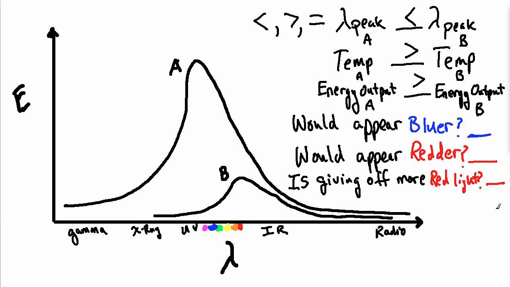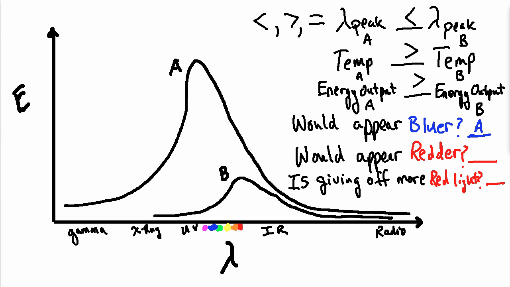In terms of color, remember that the idea is that you look at a light curve, we'll look at A first, and note where it gives off most of its visible light, and curve A is tallest and giving off most of its energy at the blue end of the spectrum, so we would say that object A is bluer.